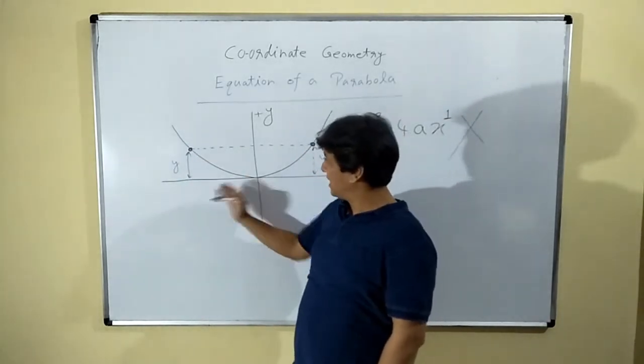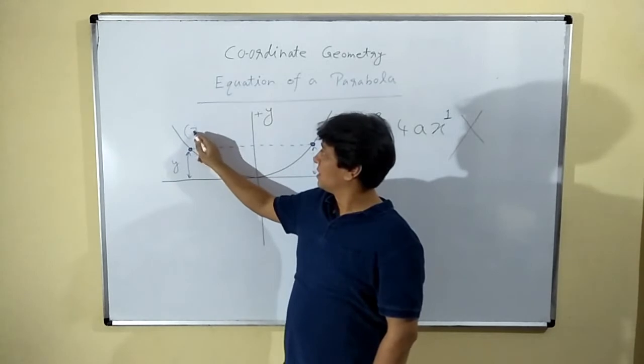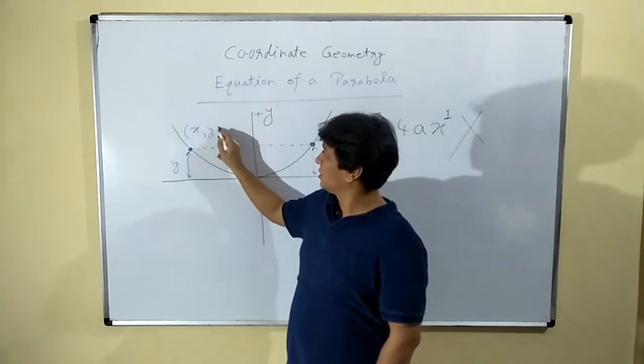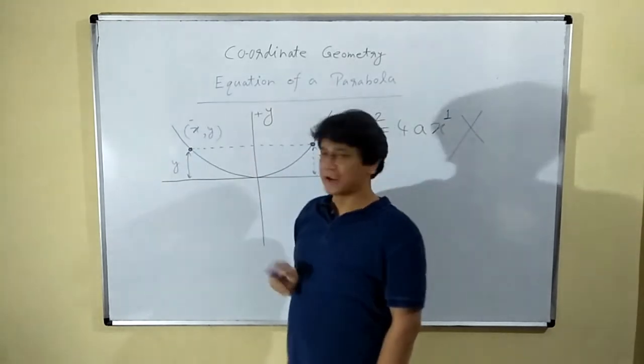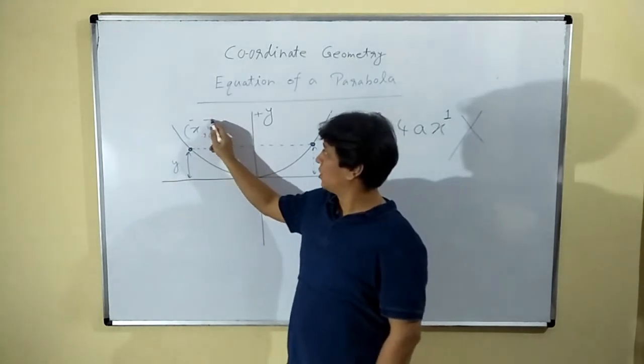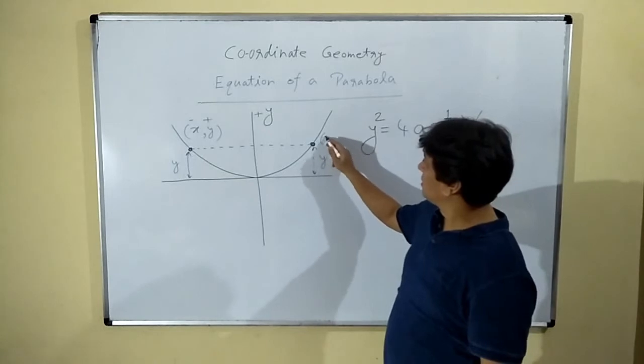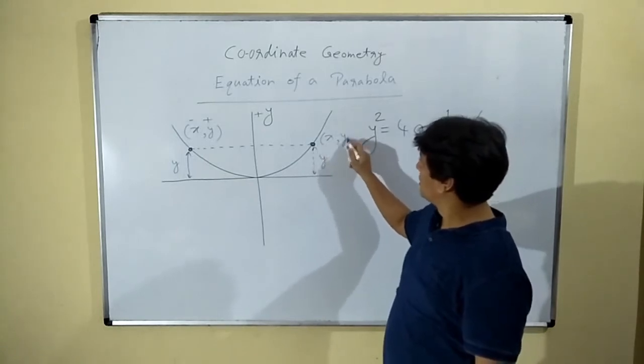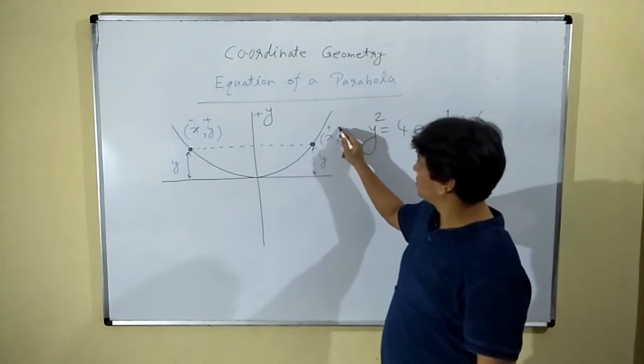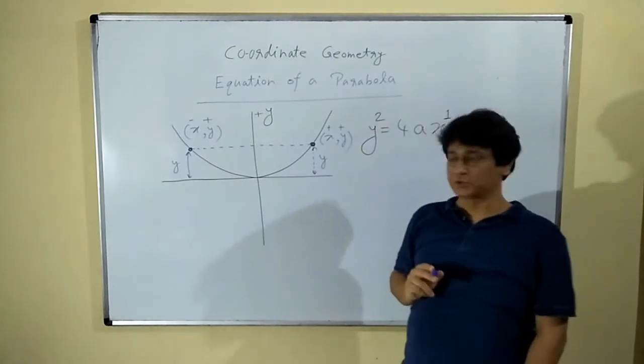But on the left side, your x coordinate will be negative, y coordinate will be positive. On the right side, your x coordinate is positive and y coordinate is also positive.